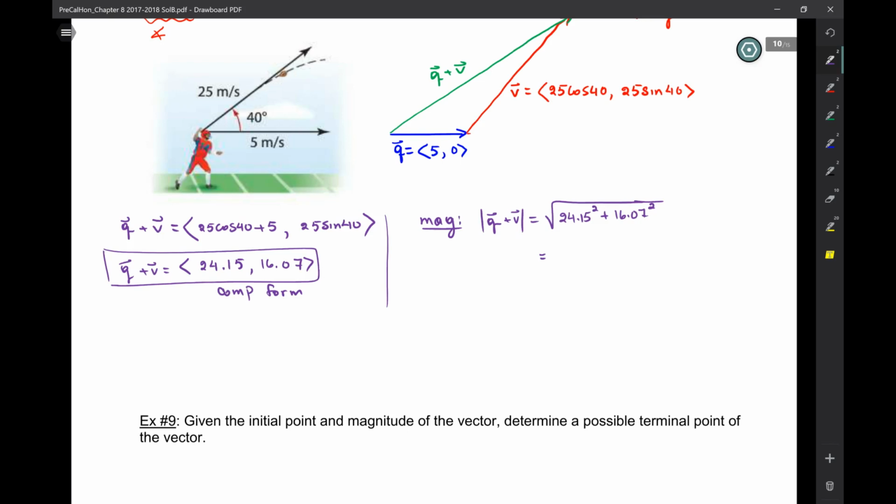Yes? 29.008. So 29.01 meters per second.